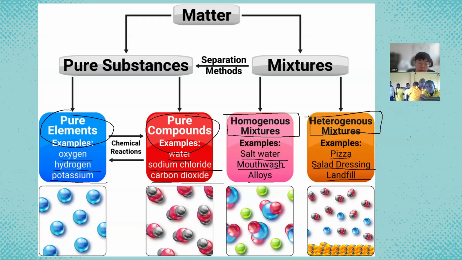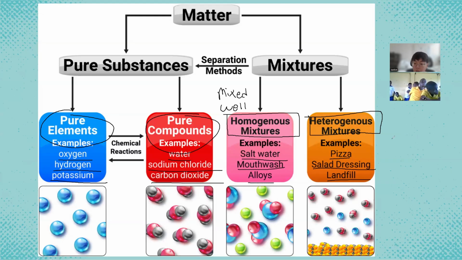And you can usually see different substances that are floating, that are mixed together. So again, homogeneous is mixed well, and each individual substance is not really visible.